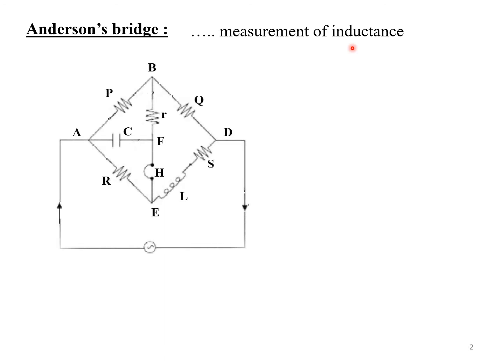In general, different components, namely the resistors, inductance coil, connected in this particular fashion constitutes what is known as an Anderson's bridge. So in general, we can say this is the modified form of the Wheatstone's bridge that you have studied in your PUC.